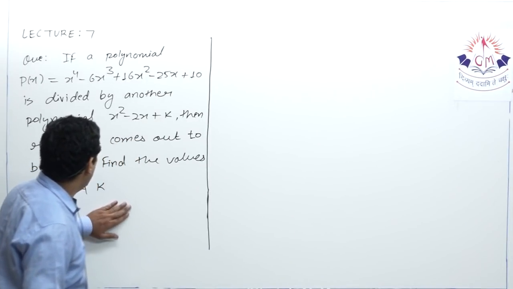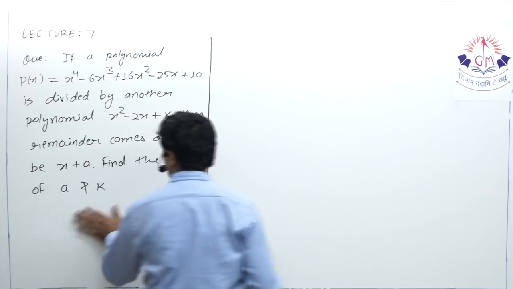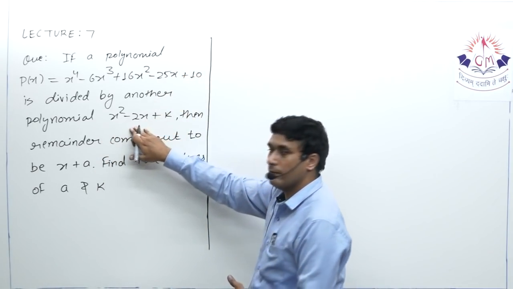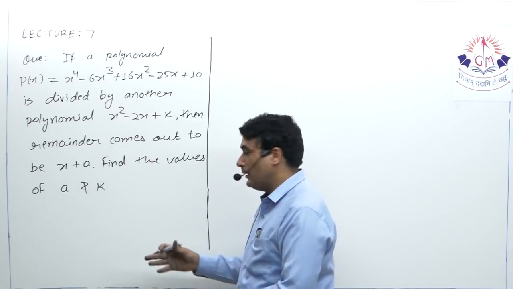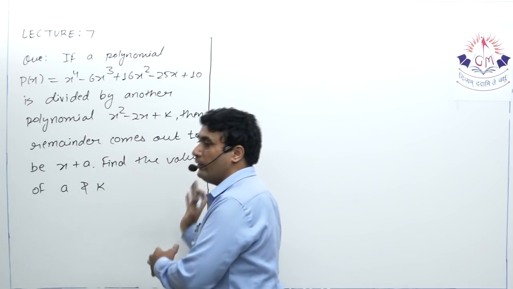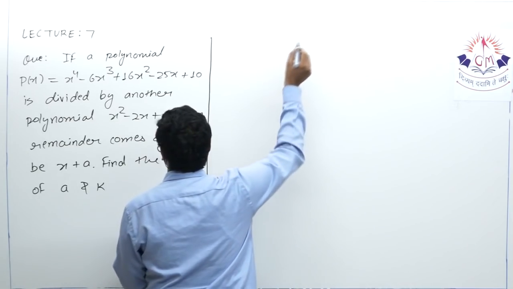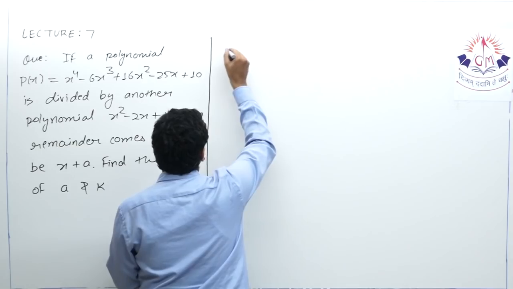Now we'll see how to get them. For that, we'll divide the given polynomial by this and obtain the remainder, and then compare the remainder that we obtain with the given remainder. So let us see how to divide.